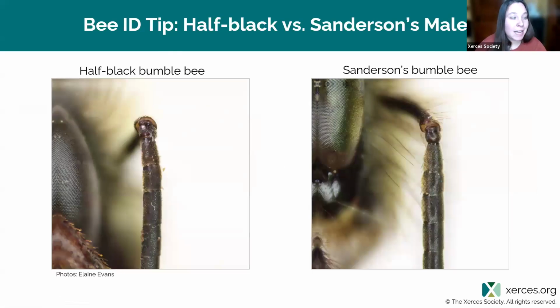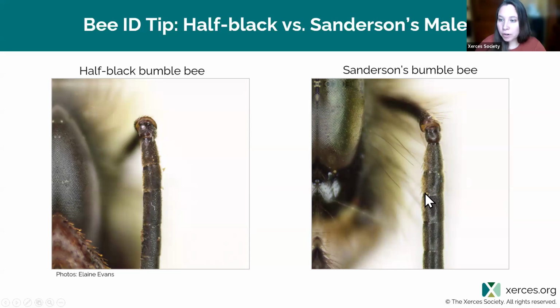Just for you to visualize that, here we have a half-black bumblebee antenna, and you can see that this bee does not have any hairs on the underside of the antenna, and that the third segment is approximately twice as long as it is wide. For the Sanderson's bumblebee, you can see some hairs there.